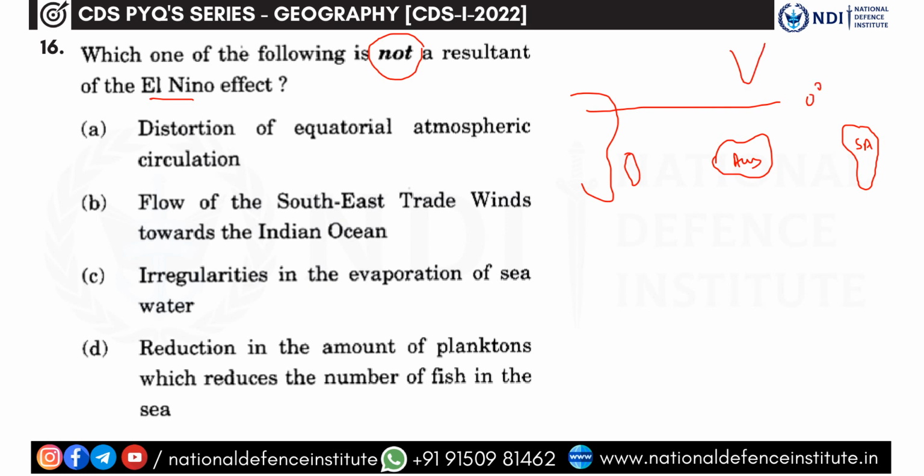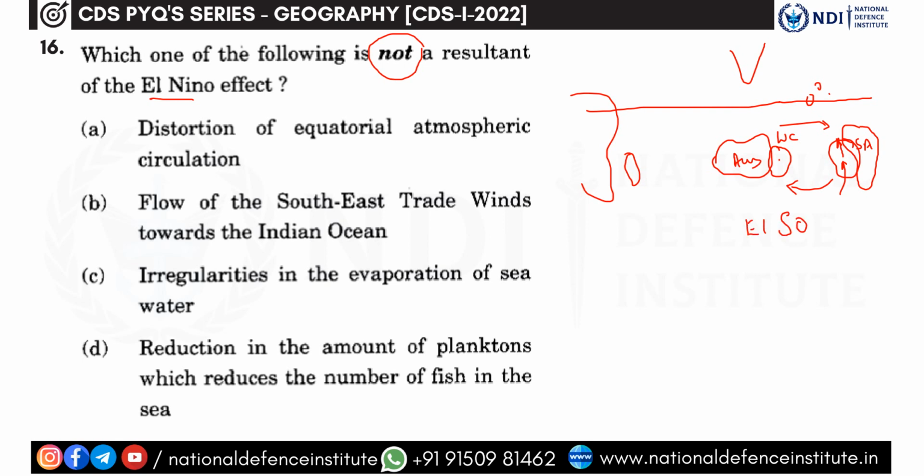So the cold current that is flowing along the South America is the Peruvian current, and your East Australian current is a warm current. Like that, similarly, there is a shift in the water that takes place. When that shift takes place, we call it the southern oscillation, and that one we call El Nino southern oscillation.